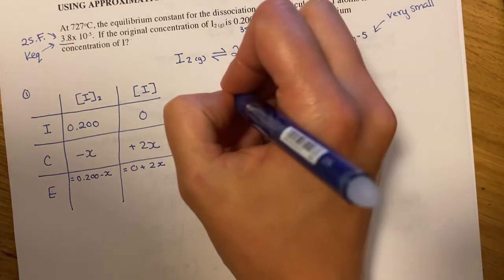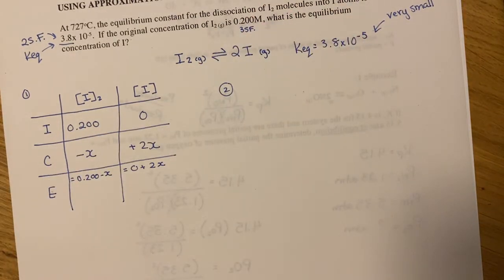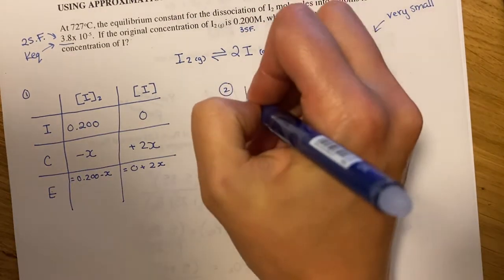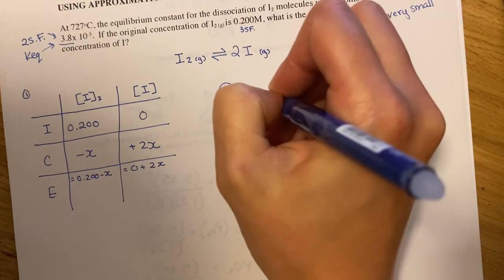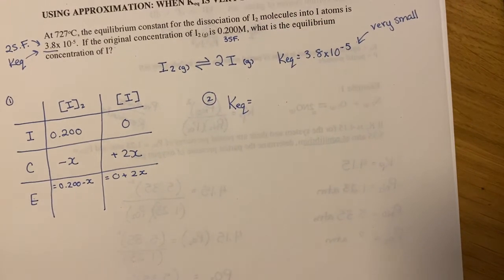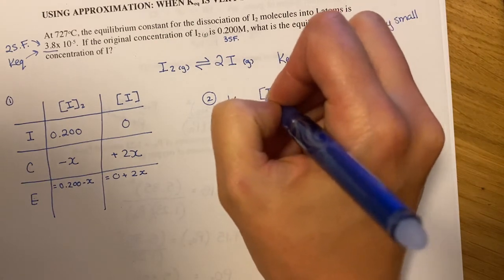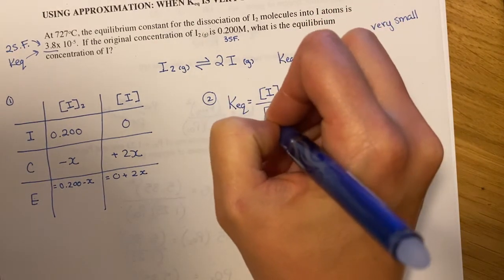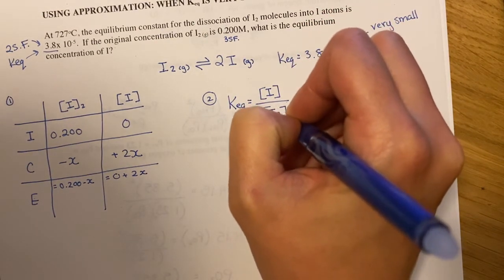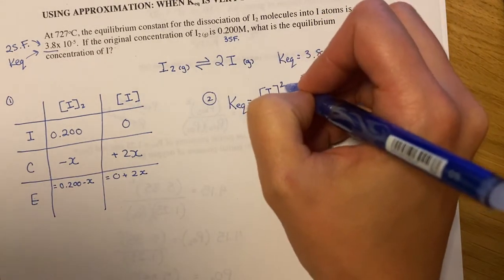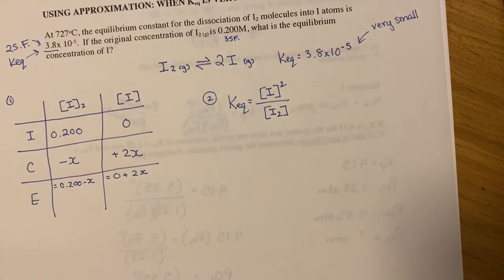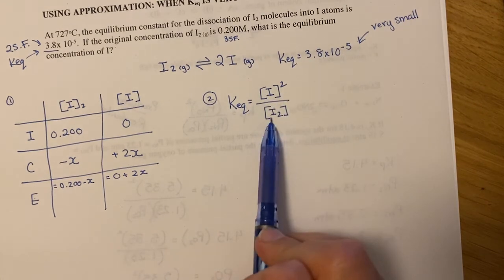Step number 2, following the same as we were doing before, we need to write out our equilibrium expression. So KEQ equals products over reactants. And remember, the exponent comes from that coefficient. So products over reactants.